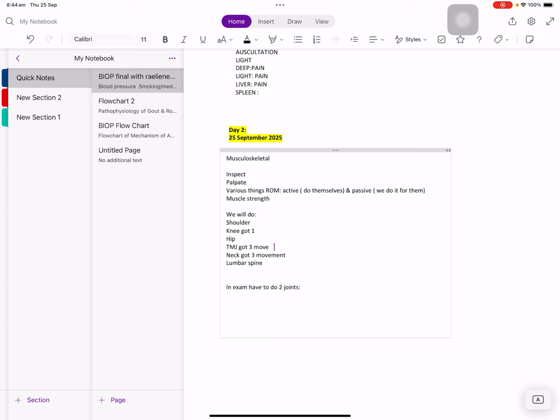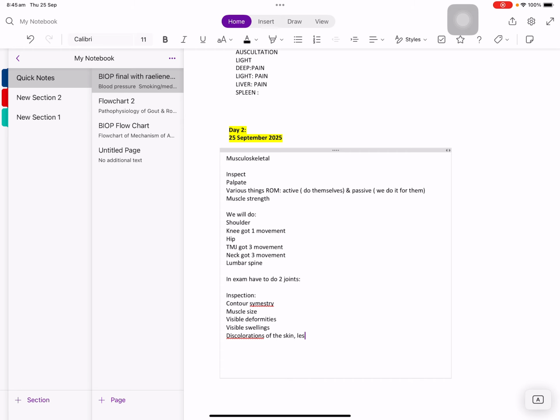So inspection. What are we looking for? The gait when they walk. When we're inspecting joints, we have to make commentary about contour, symmetry, muscle size, any visible swellings, discolorations, the alignment of the spine, so in the case of a lumbar spine or a neck, if there's a scoliosis.